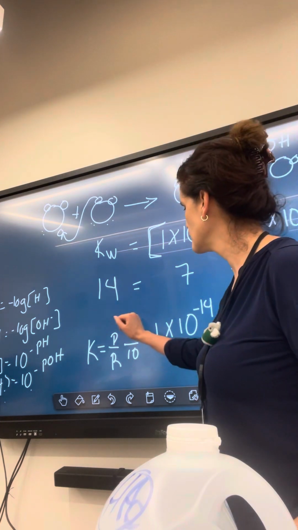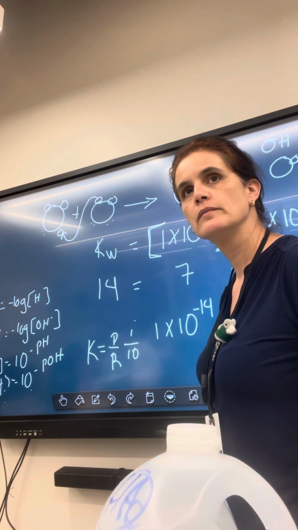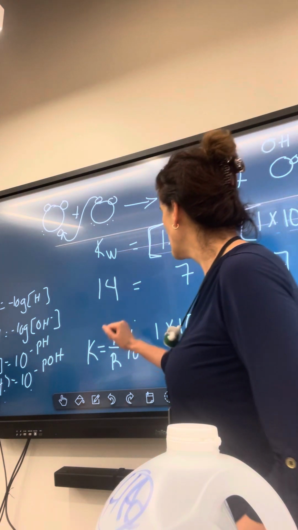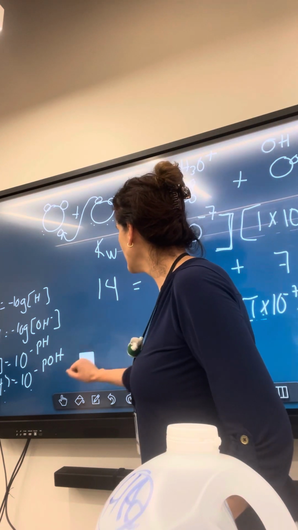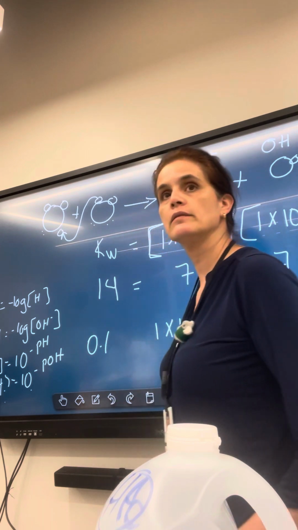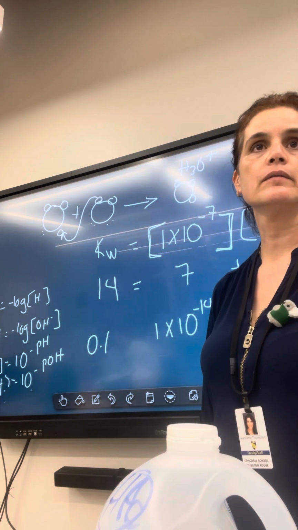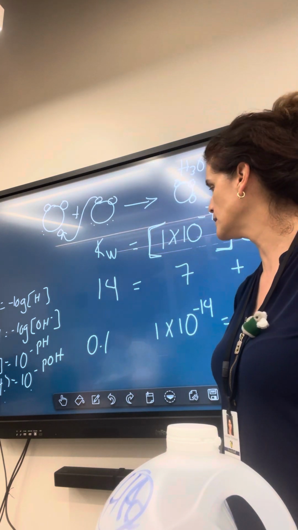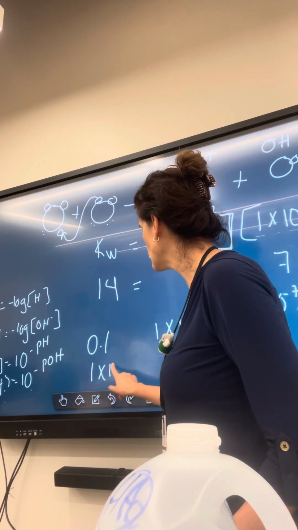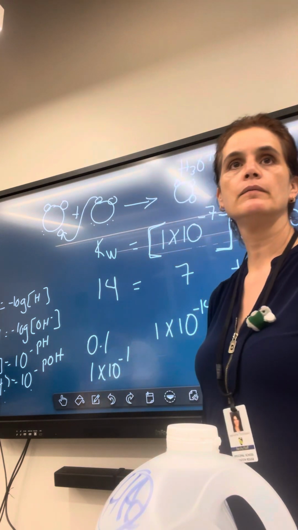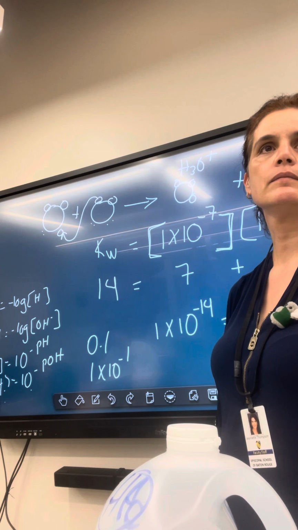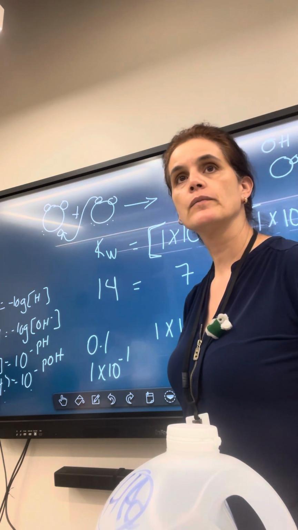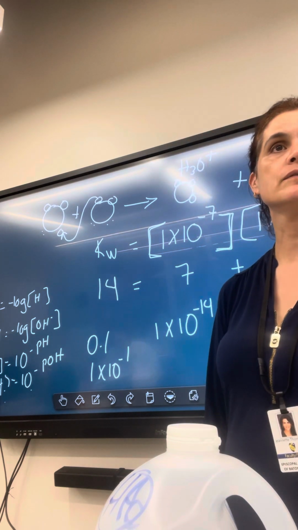What would 1/10 look like in the 1 times 10 to the negative whatever? Would it be negative 10? 1/10 is 0.1. And 0.1 times 10 to the negative? No, it's just 0.1 or 1 times 10 to the negative 1. Okay, then what's 10 over 1? It's just 10, or 1 times 10 to the 1.